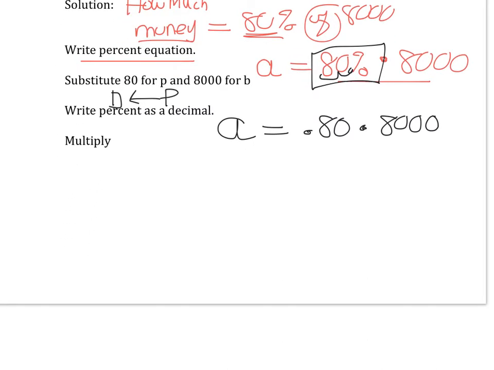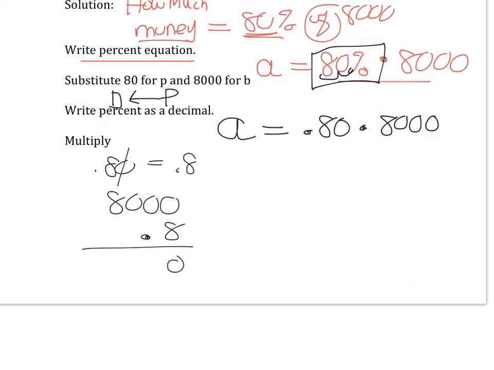So when I'm multiplying 0.80, that's the same as the number 0.8. So we don't need this extra 0. We can make it more simple by just multiplying 0.8. And we get this number. I've got to move the decimal over 1 place. So I get 6400.